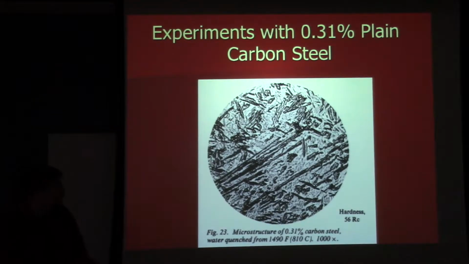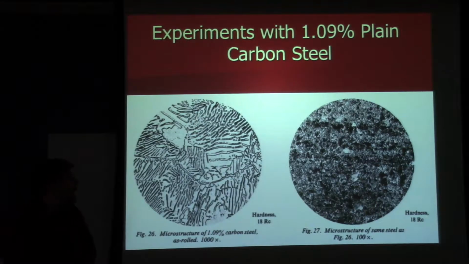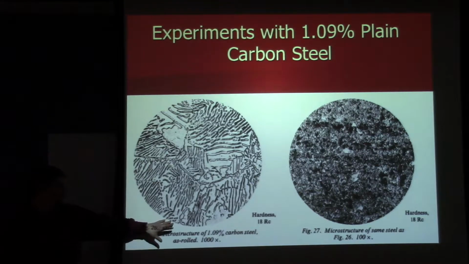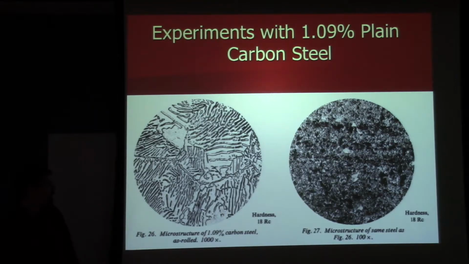Now, all of those were hypoeutectoid compositions. That is to say they're less than 0.77 or 0.80, depending on which value you want to use for eutectoid composition. He then takes a hypereutectoid composition. This one is 1.09%. And again, he goes through the same experiment. But we can see here in the as received condition, things are looking a good bit different from what we started with, because we have a lot more carbon, therefore we have more pearlite.